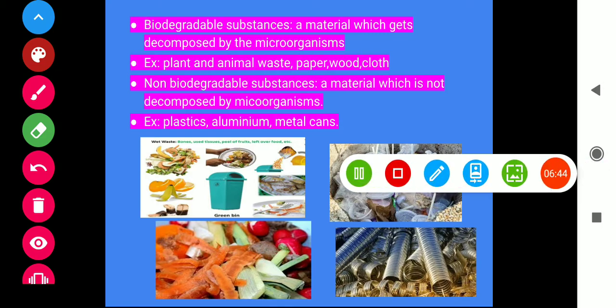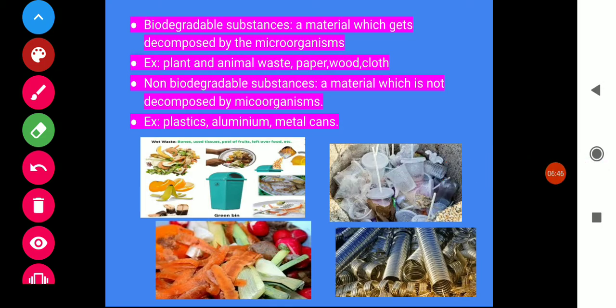Next, what are these biodegradable and non-biodegradable substances? And is the plastic biodegradable or non-biodegradable? So you know what biodegradable is, which gets decomposed by the microorganisms. Say for example, plant and animal waste, paper, wood, cloth, all these are decomposed by the microorganisms.